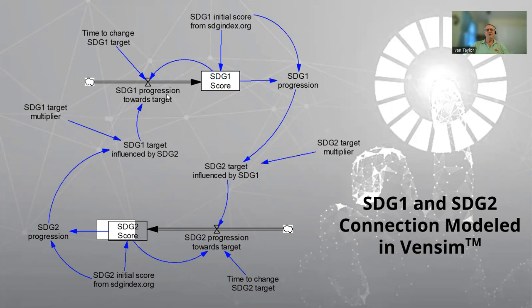So basically, over time, this goal will try to achieve this target, and then we have this idea of a progression between the score and the initial value. So if the current value is higher than the initial value, that means that there's been progress in this SDG, which will lead to a positive influence in the other SDGs that are connected to it.